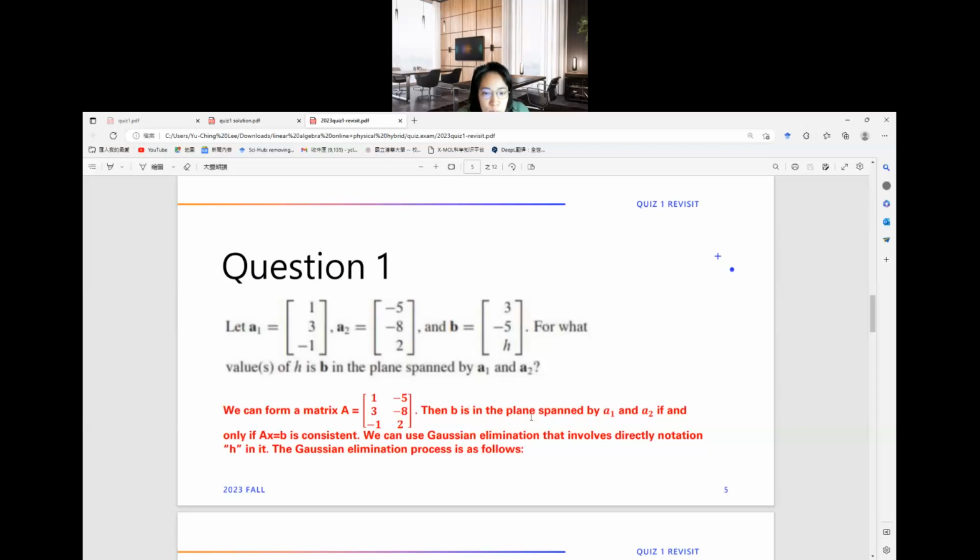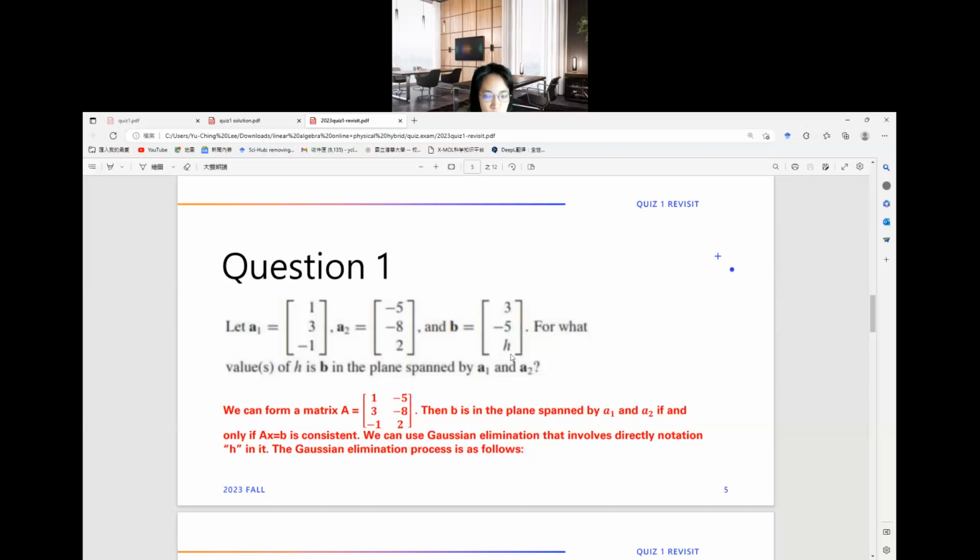Then b vector is in the plane spanned by a1 and a2 if and only if Ax equals b is a consistent system. In order to check whether this system is consistent or inconsistent, we should use Gaussian elimination.